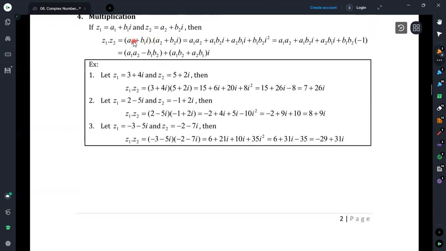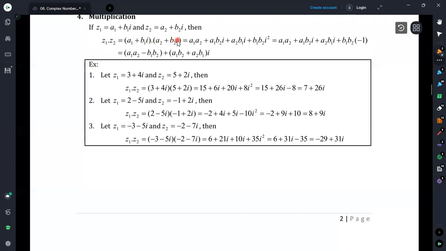Solving the brackets, the elements inside the second bracket have to be multiplied with a1, so a1 times a2 plus a1 times b2 times i, then added to b1 times a2 times i, which gives a2 times b1 times i.